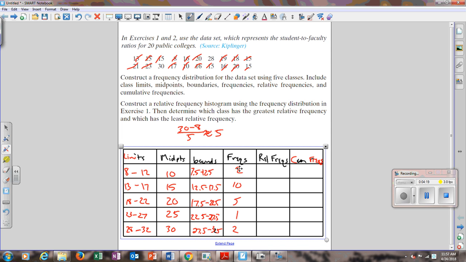Now to find the relative frequency, we take this number and divide by the total. So 2 divided by 20 gives you 0.1. 10 divided by 20 gives you 0.5. 5 divided by 20 gives you 0.25. Then 0.05. And then 0.1.